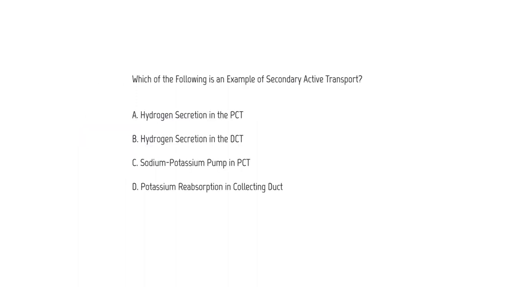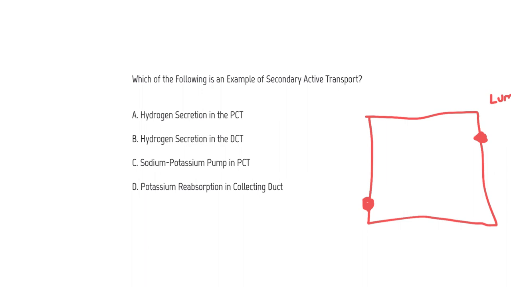Question 3, which of the following is an example of secondary active transport? Now remember that secondary active transport is when the energy produced from one reaction will drive another reaction. So if you recall from when we were talking about the PCT, how did we secrete out hydrogen? Well, first we used active primary transport via the sodium-potassium pump, which set up a concentration gradient for us.